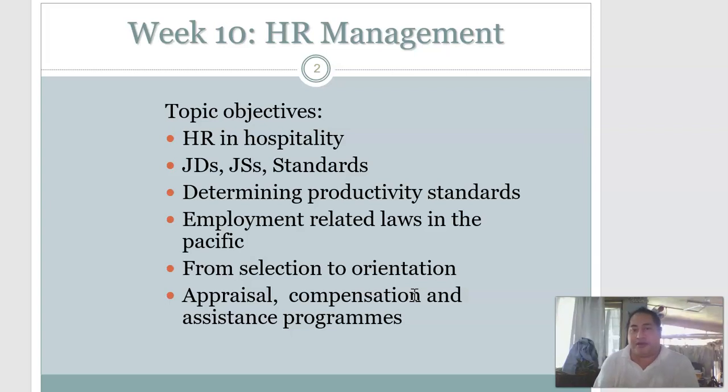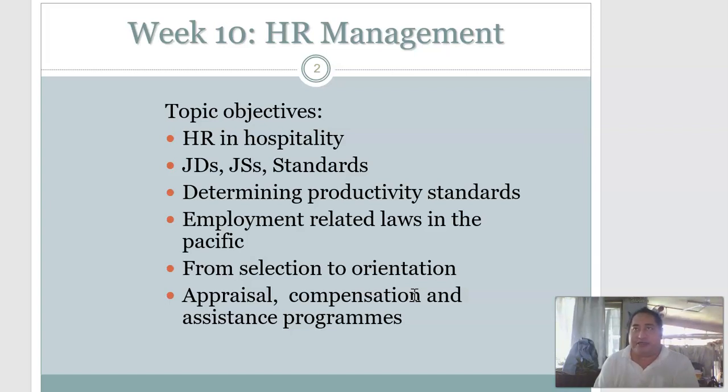I just want to highlight what a JD is. JD is the job description: the tasks, responsibilities, and duties of a particular job. We'll go through those examples later in your tutorial, but this is very important when you join an organization.